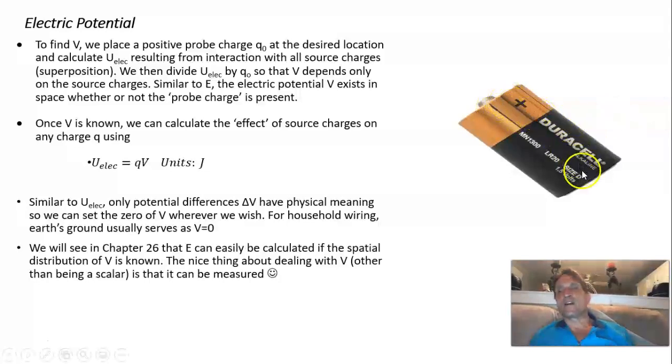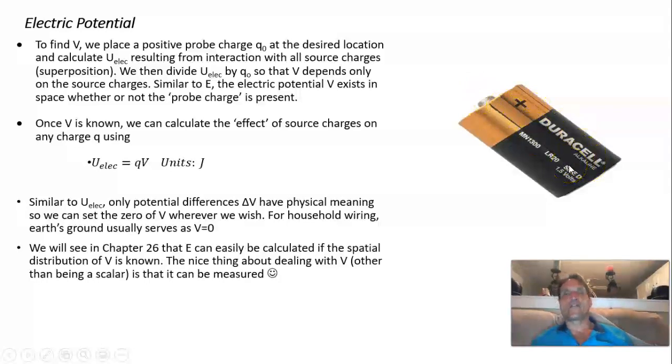And this is exactly the source of this, which we'll try to get into later, is a chemical reaction inside the battery, which tends to give this positive charge the energy that it needs to push it over to the positive plate so that we can keep the potential difference between the terminals.